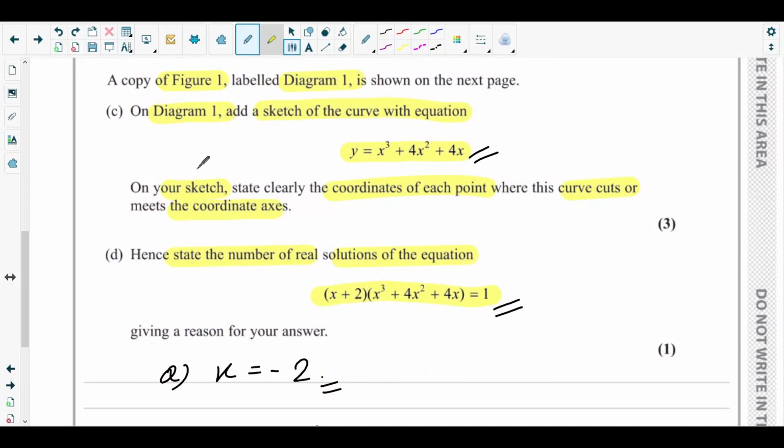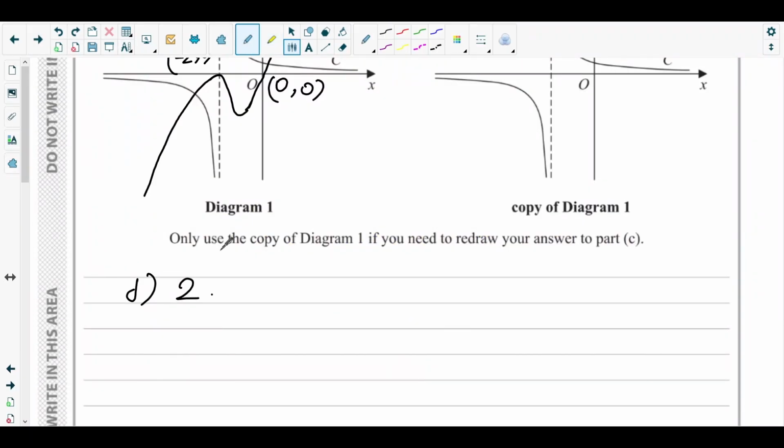And then they are asking to give a reason for your answer. So the reason is what?